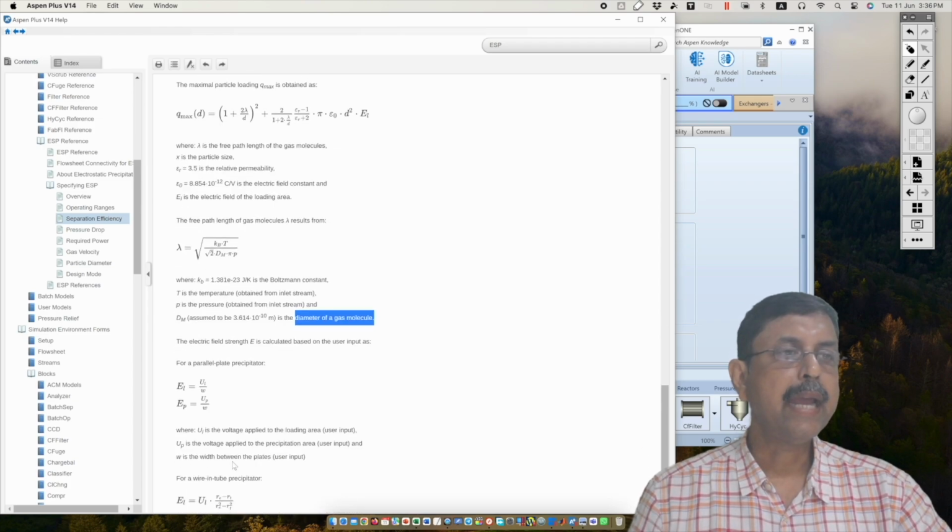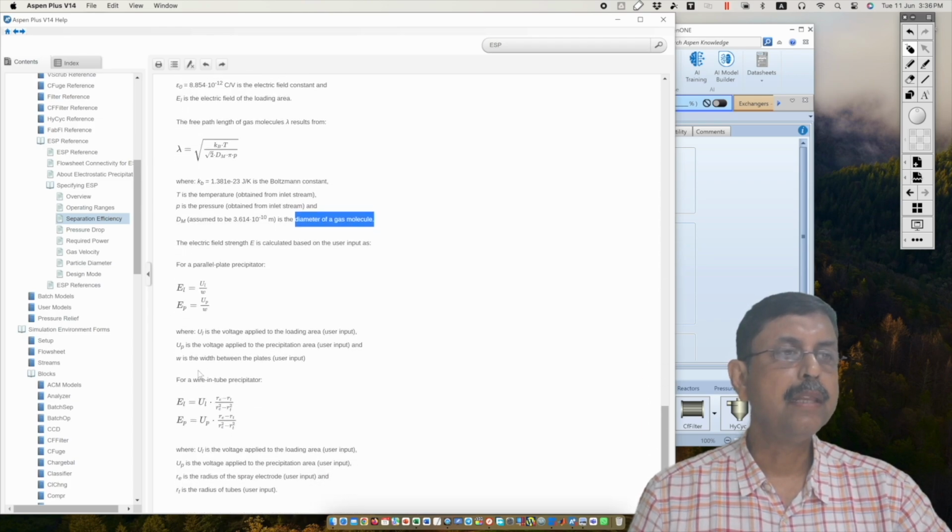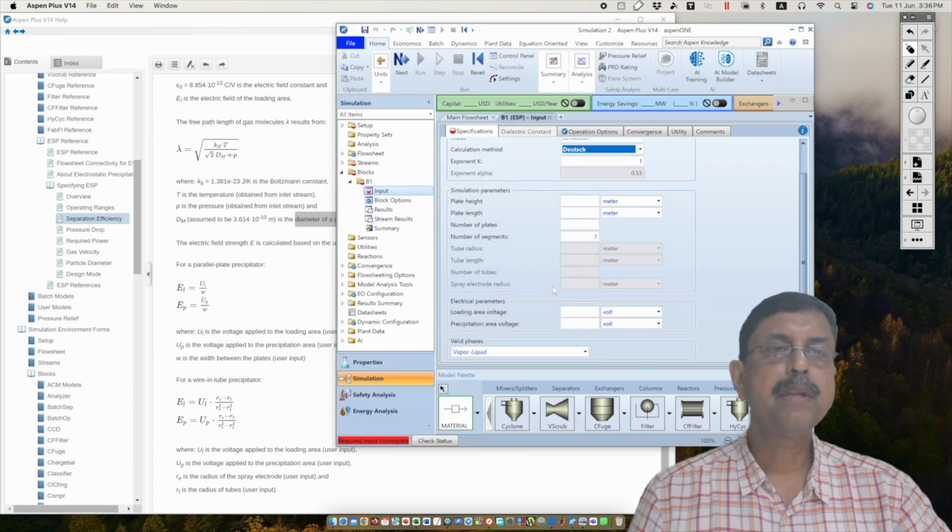And another factor is there, UL. UL is the voltage applied to the loading area, and UP is the voltage applied to the precipitation area, and these two pieces of information will have to be given over here. So the moment you choose Deutsch, then these two things will be active. In the Crawford model, they were not active, but in the Deutsch model, they will be active.